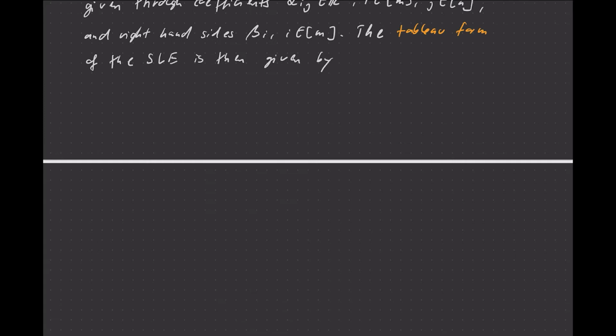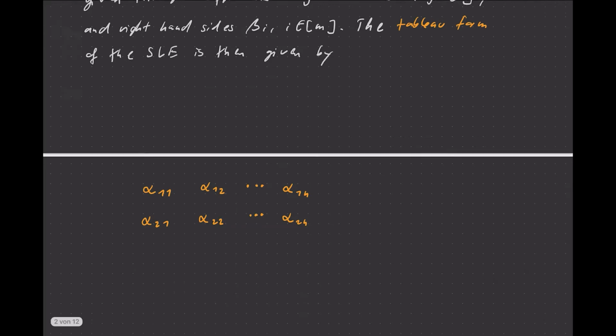What we do is basically we take the coefficients and we write just the coefficients. So we write alpha 1,1, alpha 1,2, alpha 1,3, and so on, the first line of that tableau. We write the alpha 2s on the second line of the tableau, and so on.